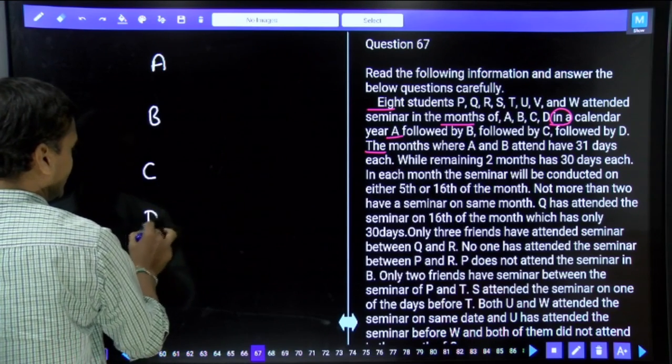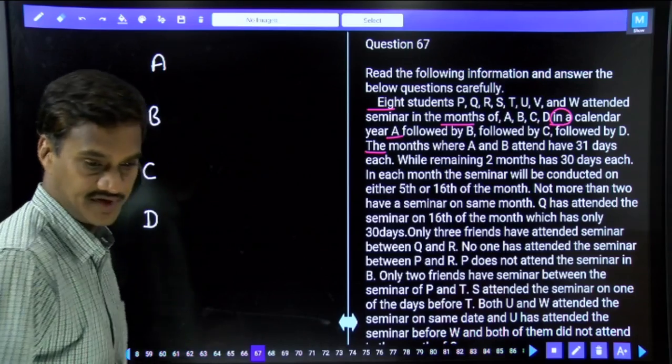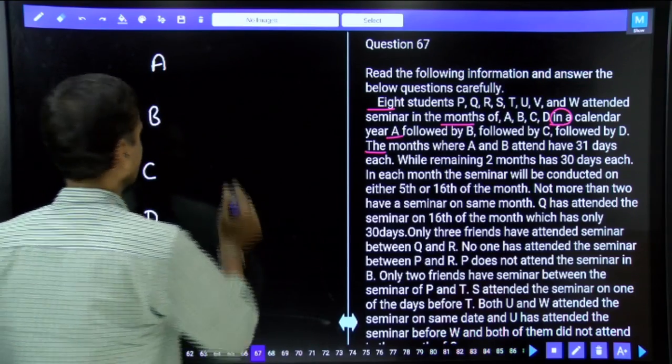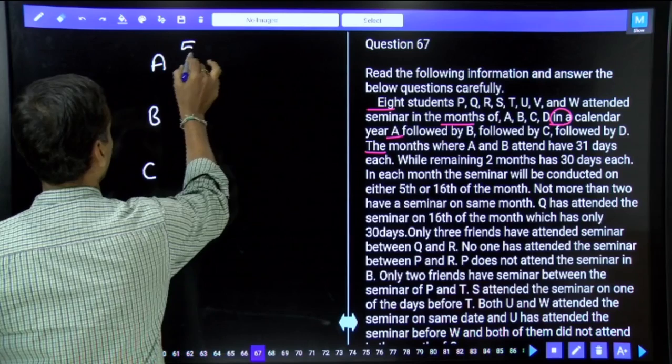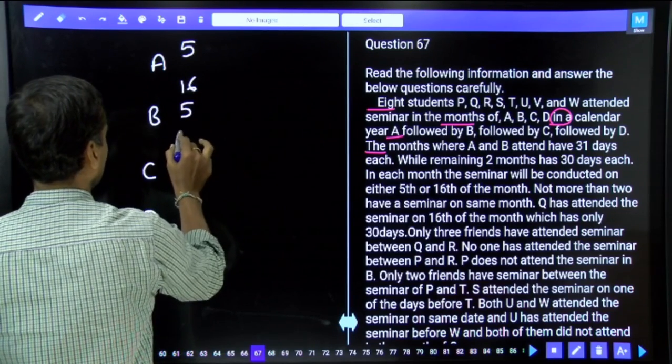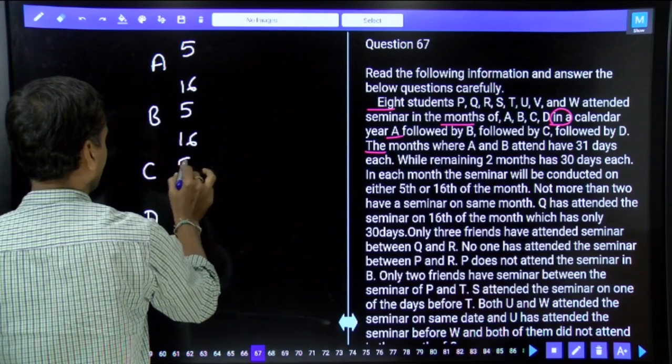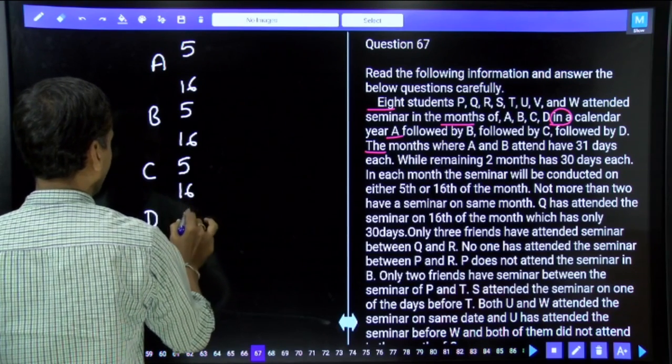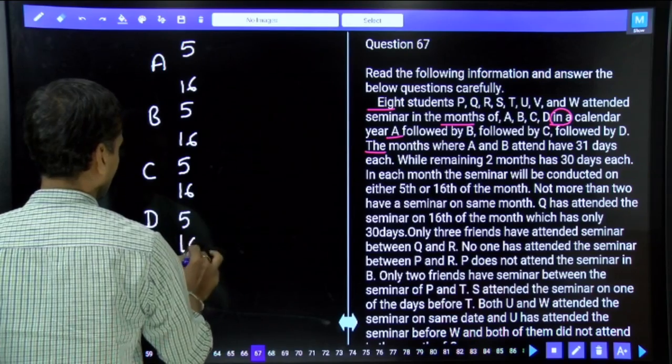And what are the dates we have? In each of these months, 2 different dates were there. In the month of A, 5th and 16th. In the month of B, 5th and 16th. In the month of C, 5th and 16th. And in the month of D, 5th and 16th. Clear?